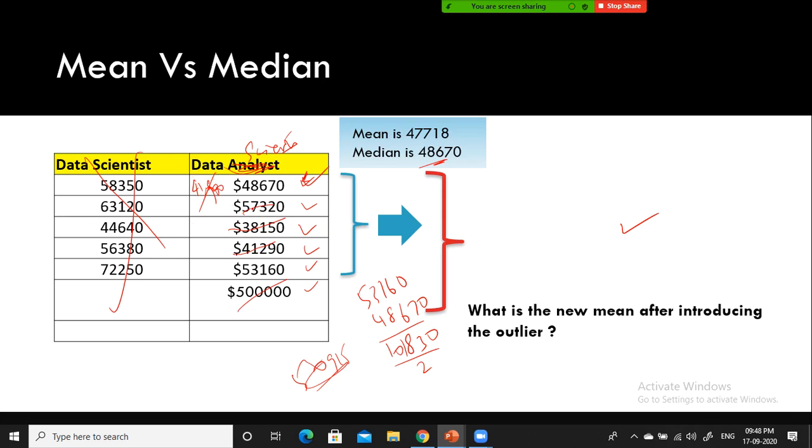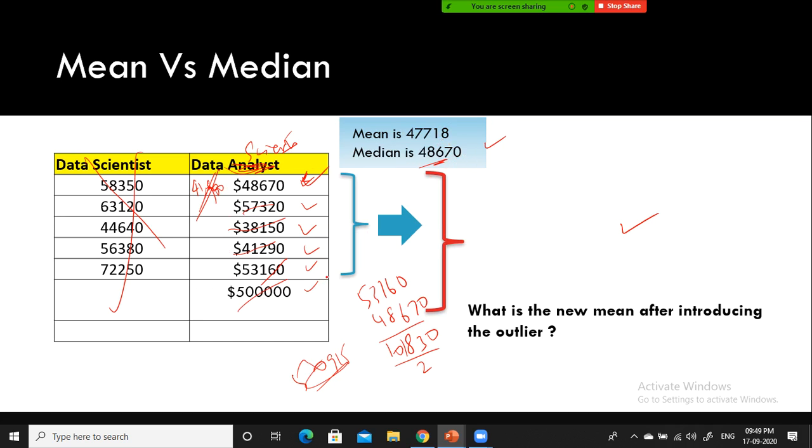Sorry, what is the next value? 57, right? The next minimum value, 41,980. This and this one I'm going to cancel. We are left with 48,670. I missed out one more point. So 48,670 in this case.